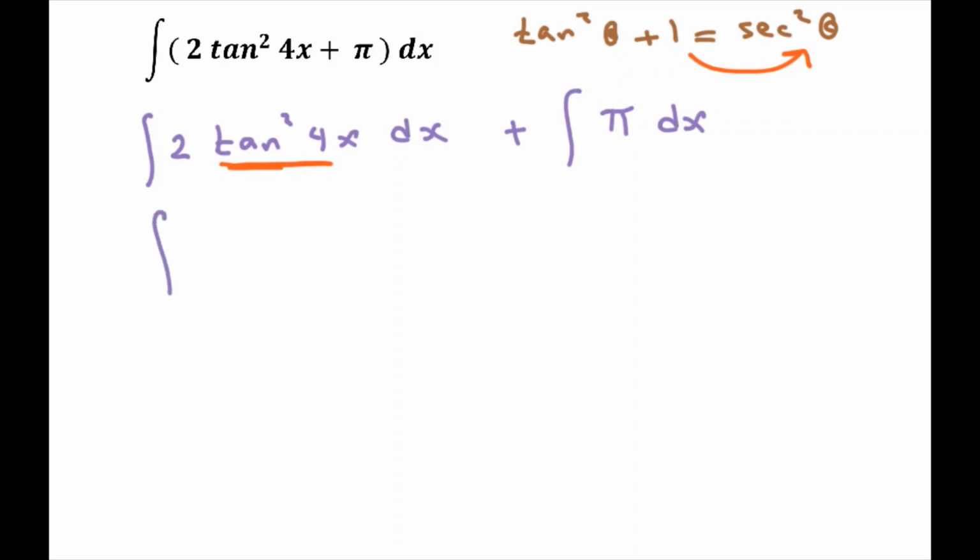I'm going to come here, substitute, replace tangent squared 4x by secant squared minus 1. So it will be 2 secant squared 4x, I'm going to use the same angle 4x, minus 1 dx plus pi dx.